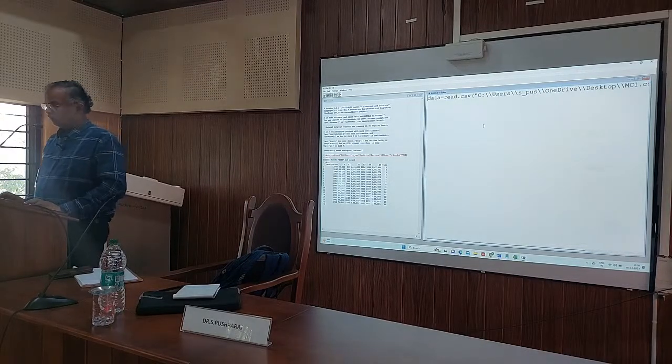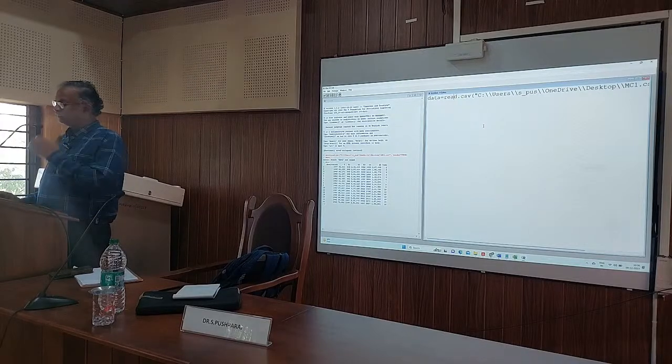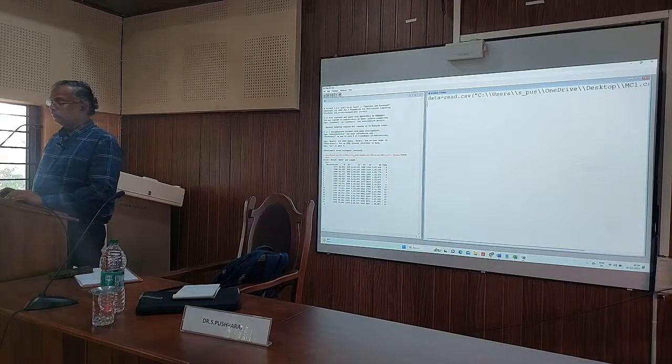Okay. So next thing is running the model. How do you run the model with this many variables? Model equal to lm. What is the dependent variable here?